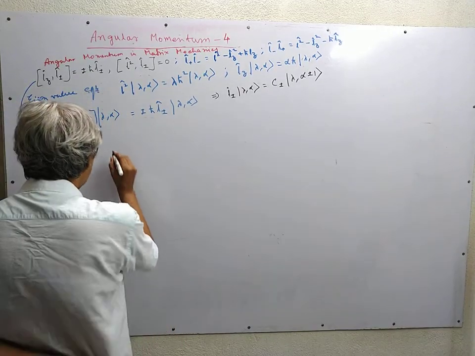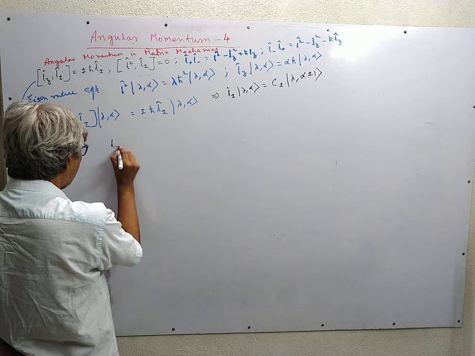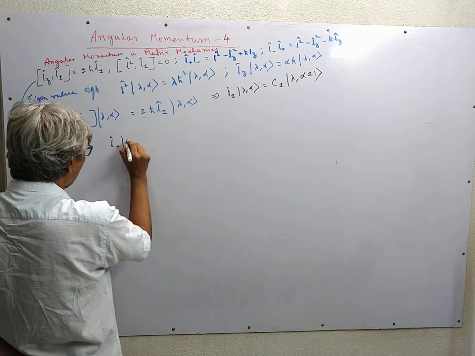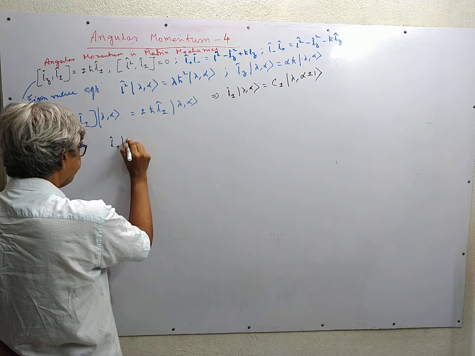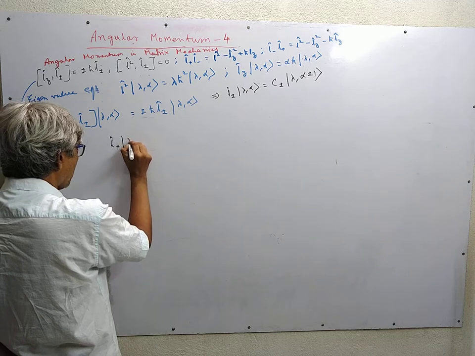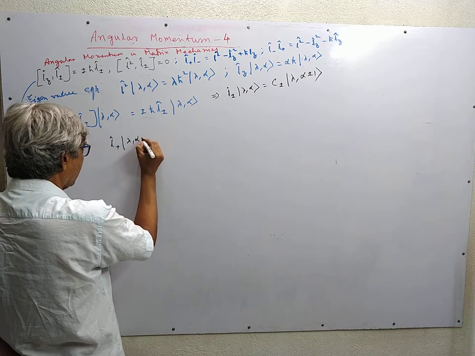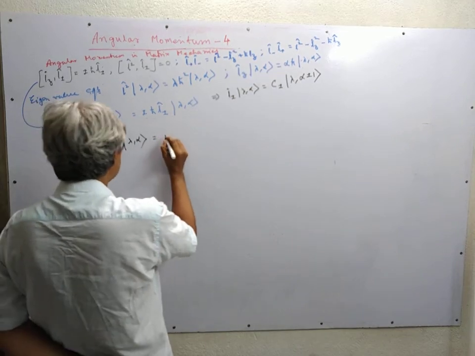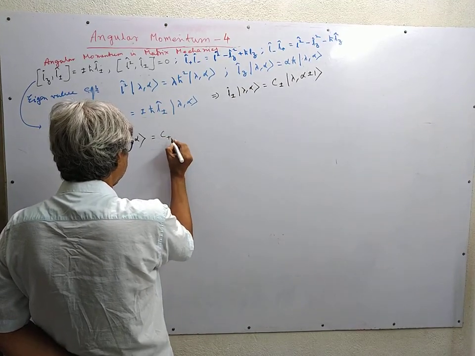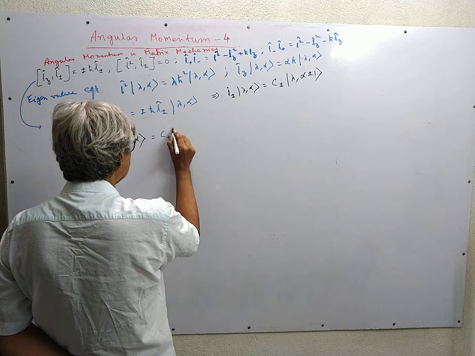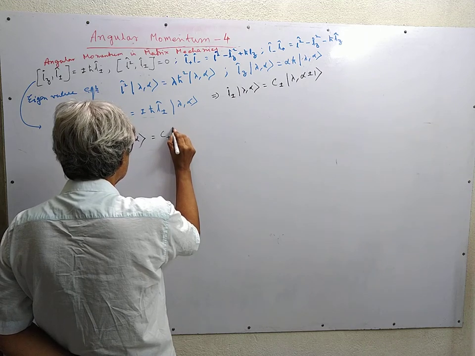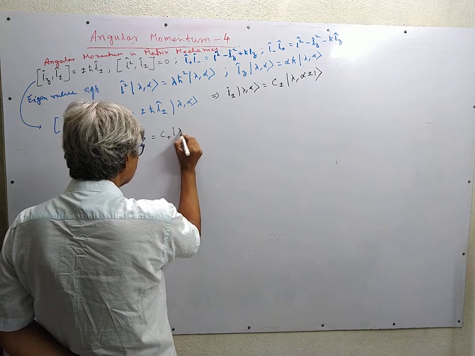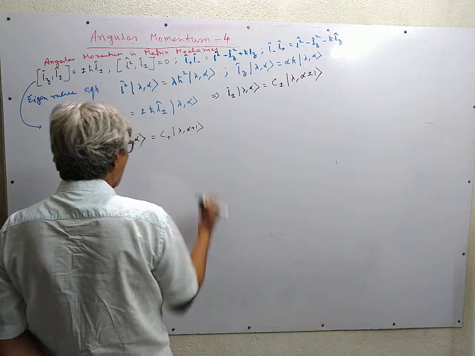Towards this end, we write that L plus operating on lambda alpha is a state which is C plus alpha plus 1.